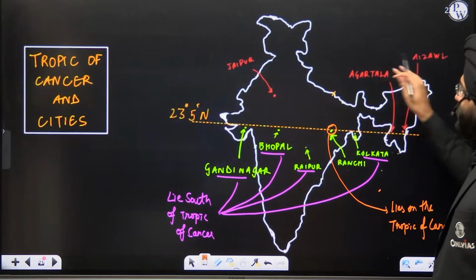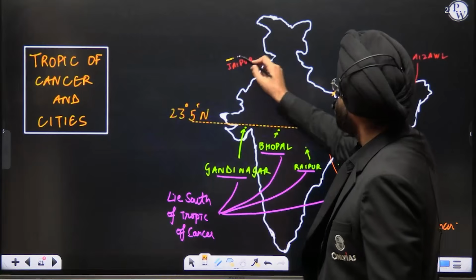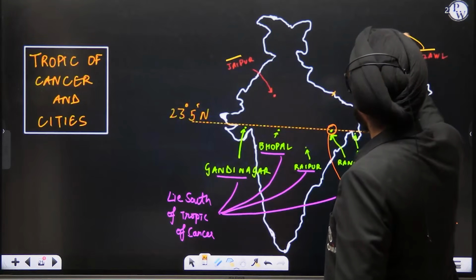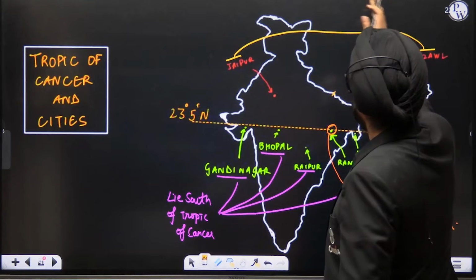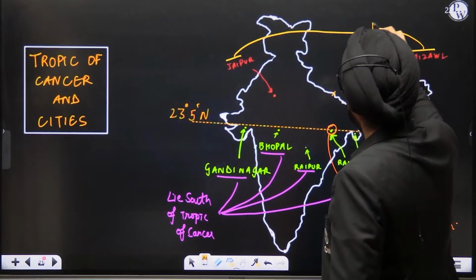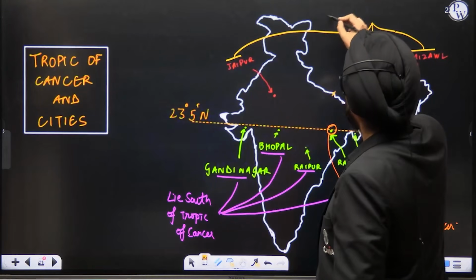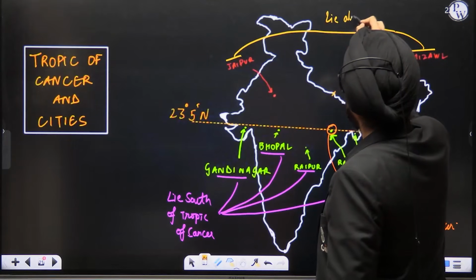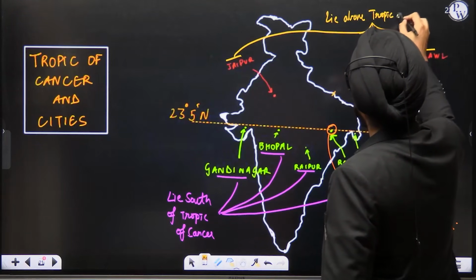So you should know that these 3 places lie above the Tropic of Cancer.